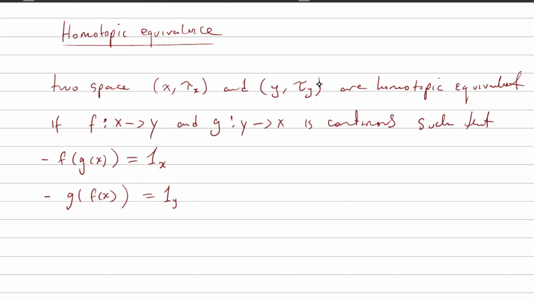Now to explain it simply, we are looking at spaces that, if they can be reduced to the same space, or they can be reduced to a point, then we can say the two spaces are homotopic equivalent.